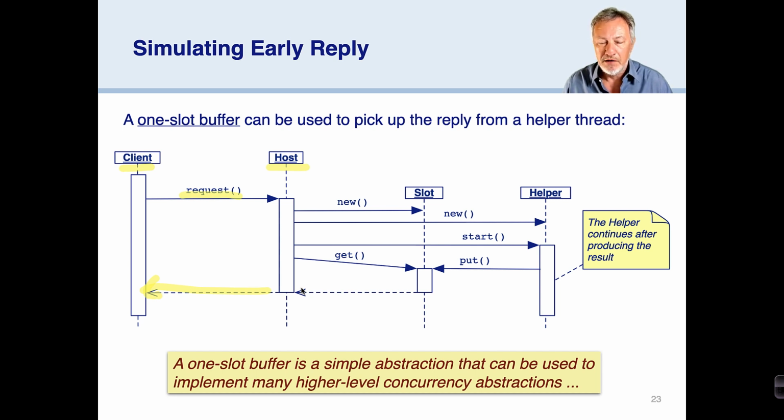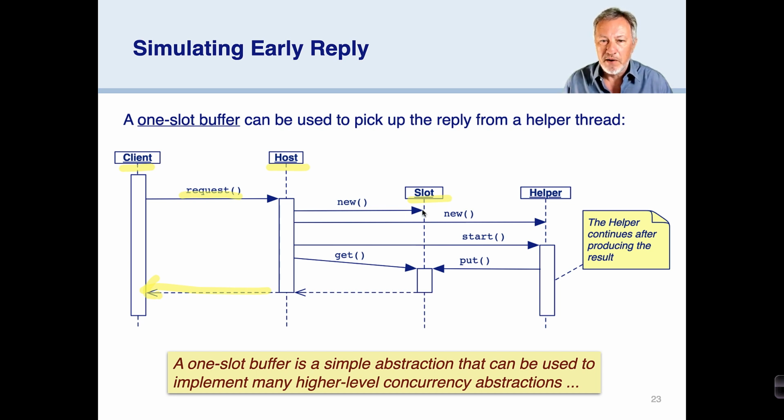Well, how can we manage this? The key idea is to make use of a one-slot buffer. The one-slot buffer is a buffer that you can put something in and get something from, but if there's something already there, you can't put something else. And if it's empty and you try to get, then you're forced to wait.